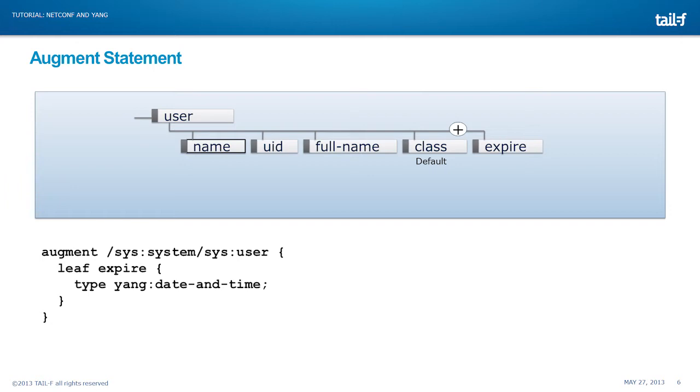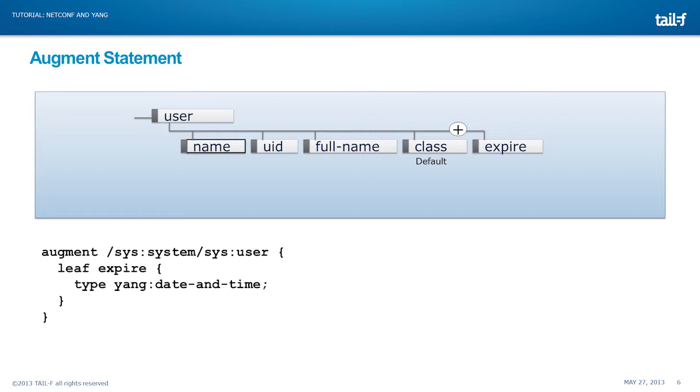If you're using, say, for example, the IETF interface model, everyone expects you to be using the standard model. They expect you to not have made any changes to it. However, for the purposes of modeling your system, you may want to actually add something to that standards defined model. Augment allows you to do that.